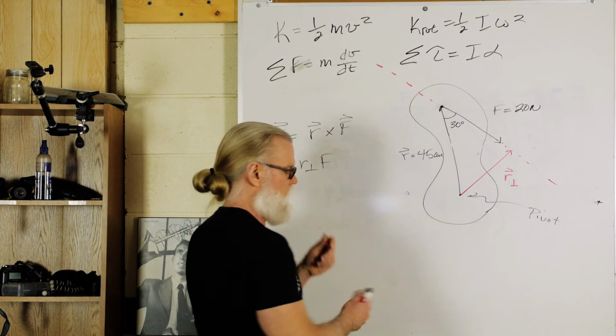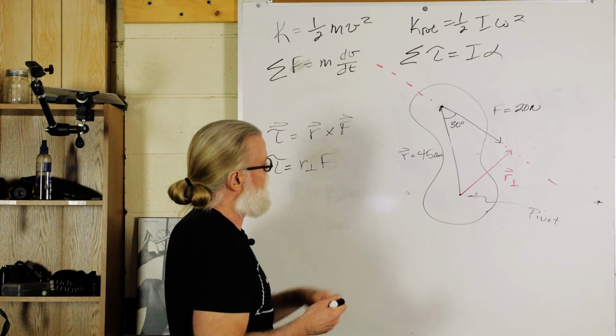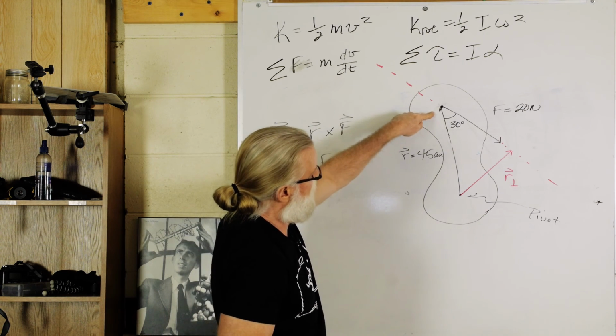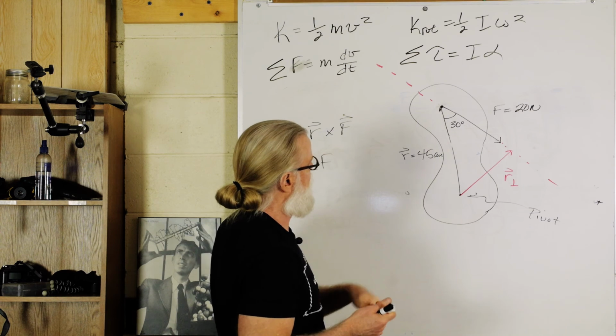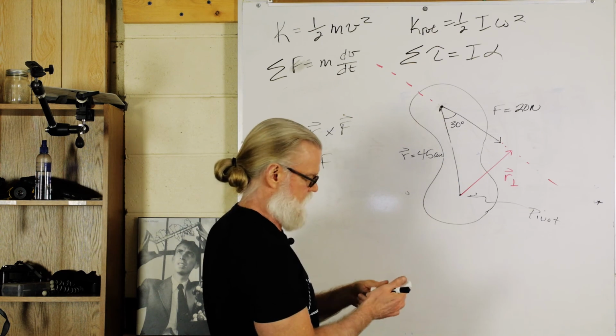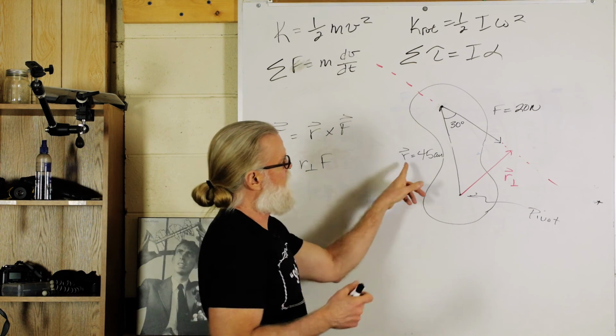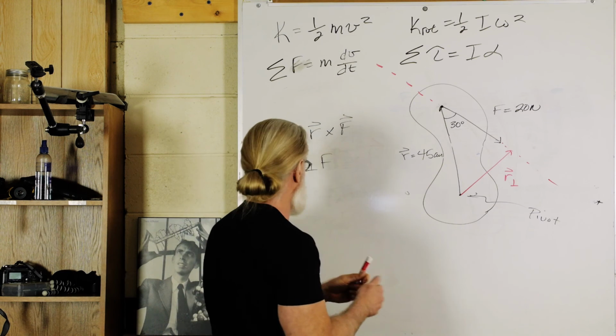All right, so on this one we can see that we have a right triangle here, and here's the hypotenuse, which is 45 centimeters.